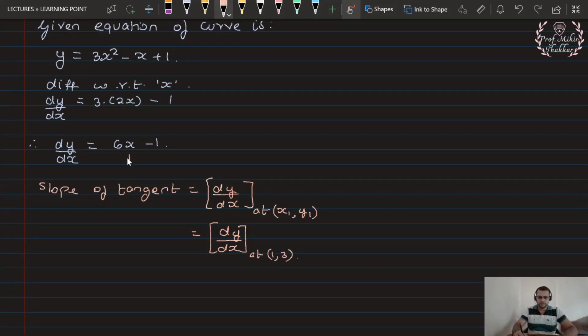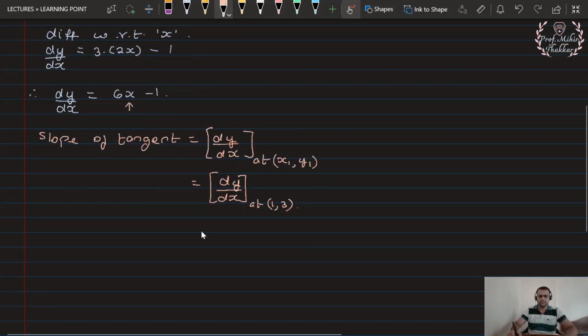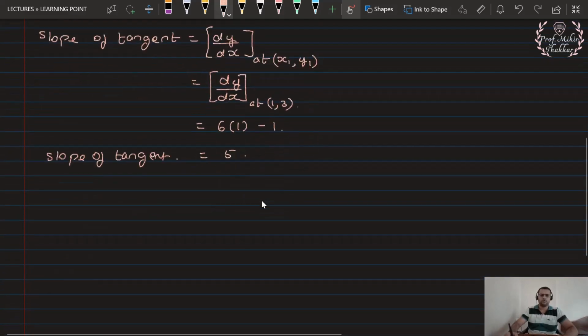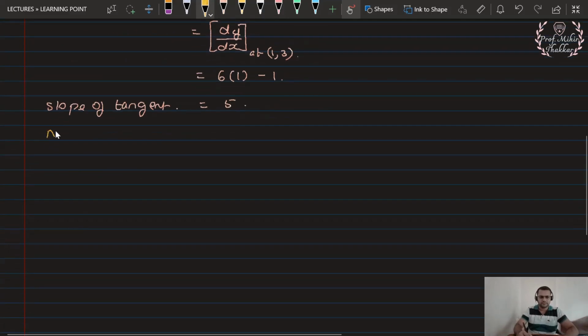So over here we substitute the value of x as 1. So I will get this is equal to 6 into 1 minus 1. So I get the answer as 5 for the slope of the tangent.